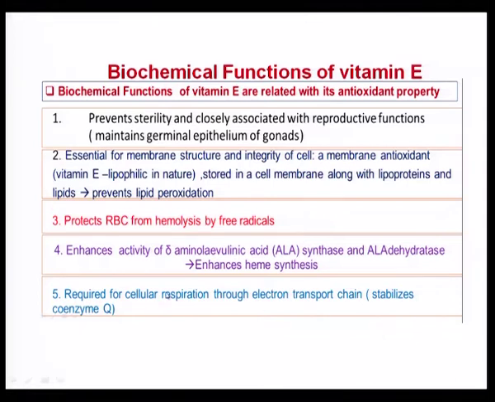One more component we need to remember: whenever you talk about vitamin E, always remember its role in selenium metabolism. So what do we mean by selenium metabolism? Here we have an important role.